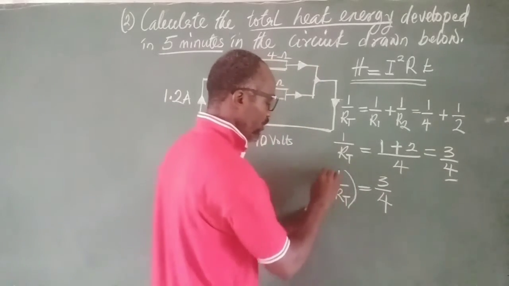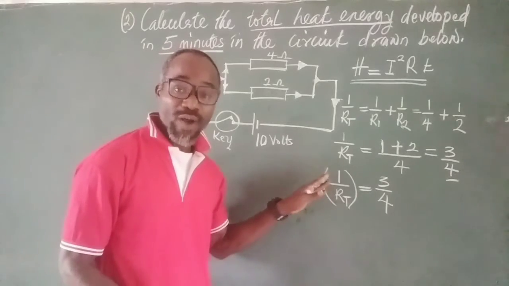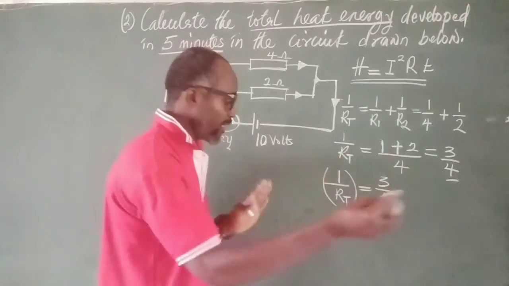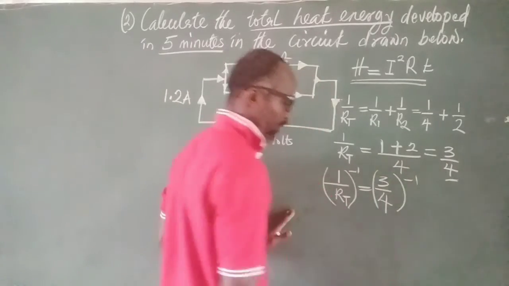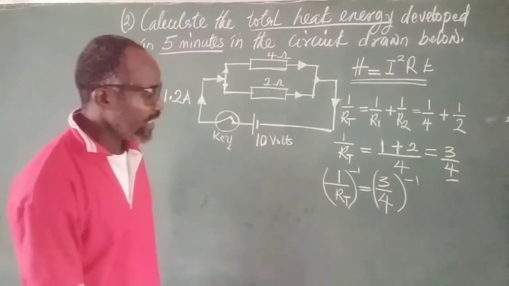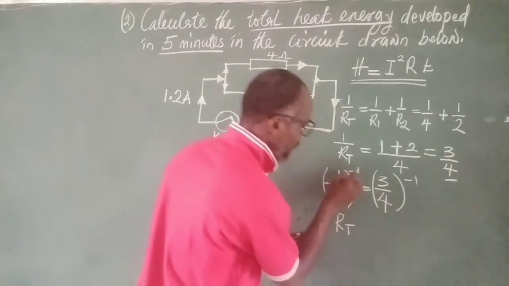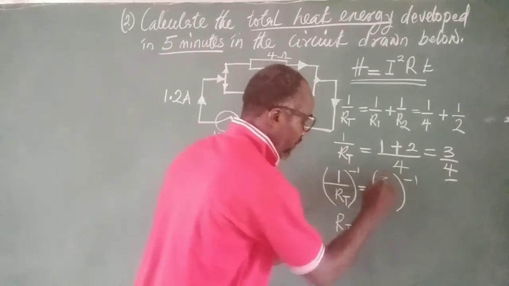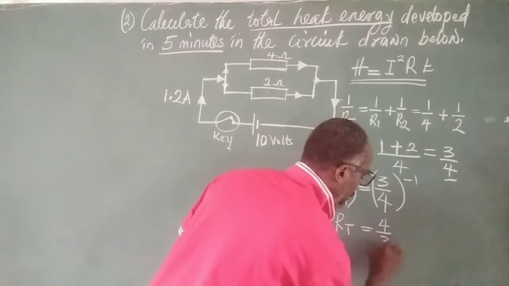To remove the 1 over RT, we need to introduce the inverse to both sides. That invariably gives us RT, because the inverse on the left cancels out, and it inverts 3 over 4 to become 4 over 3.